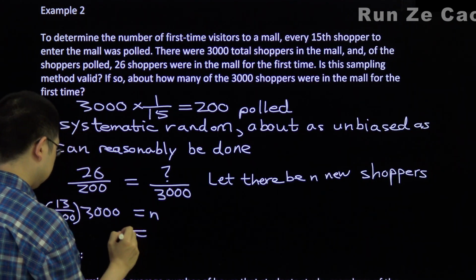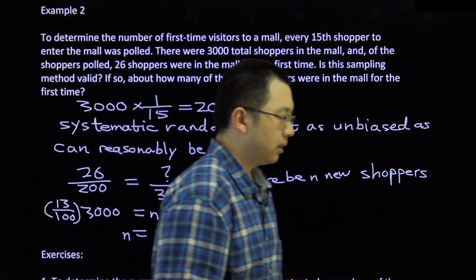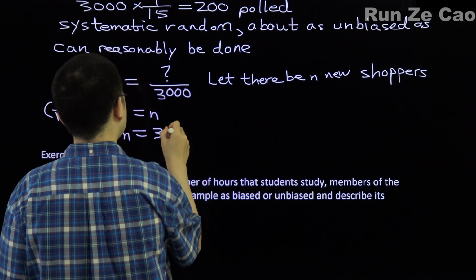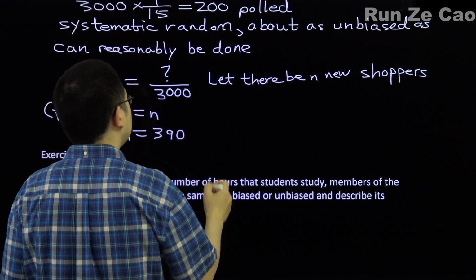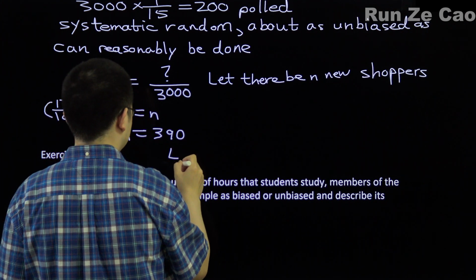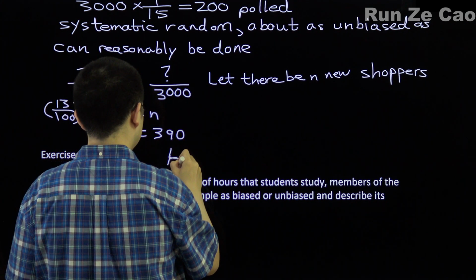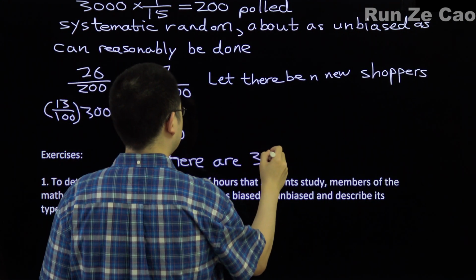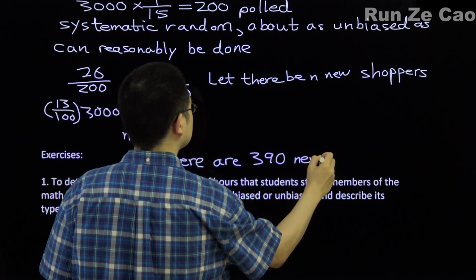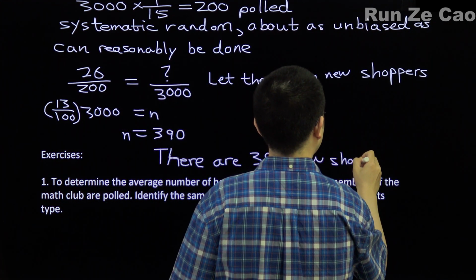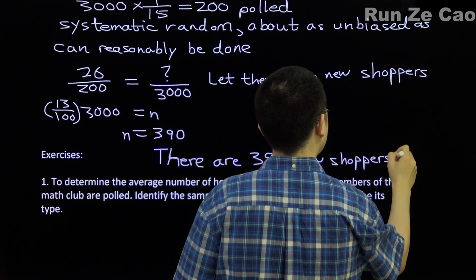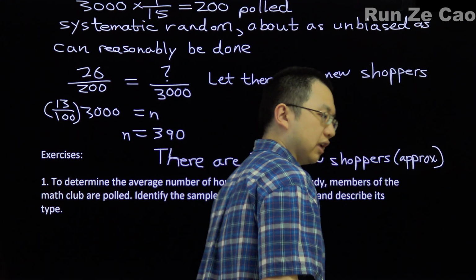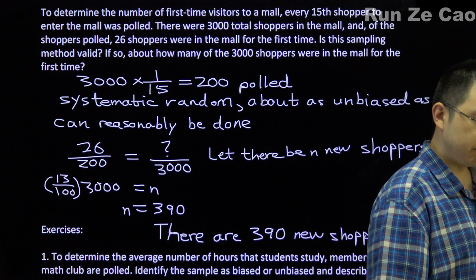So you're looking at n is equal to 13 times 30, which is 390. There are 390 new shoppers. This is, of course, approximate because it's estimated using a sample.